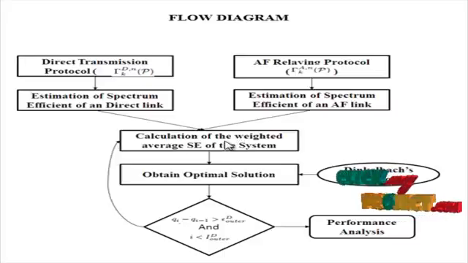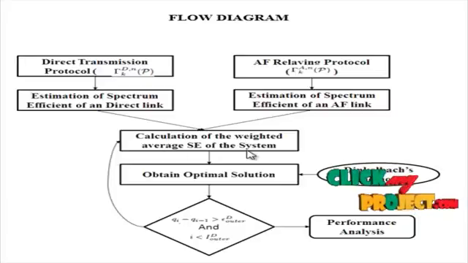Energy efficiency maximization algorithm. Using the direct transmission protocol, the received SNR at UE k on subcarrier n may be expressed as follows, whereas when using the AF relaying protocol, the received SNR at UE k on subcarrier n may be expressed as follows.